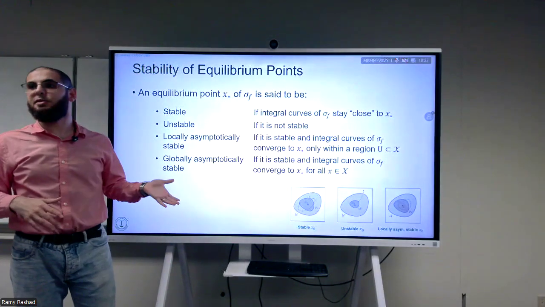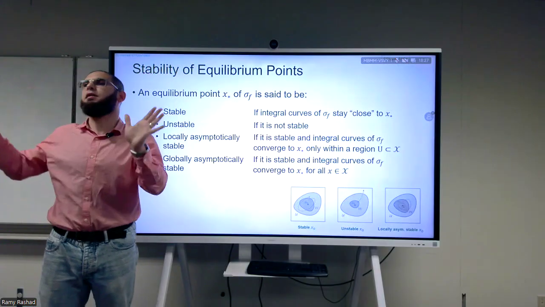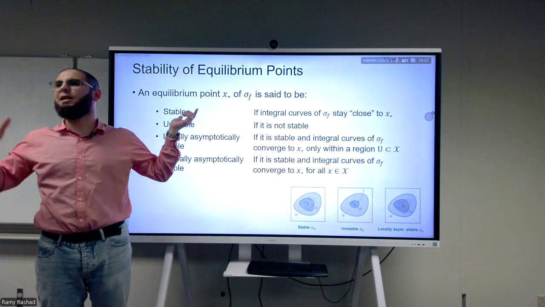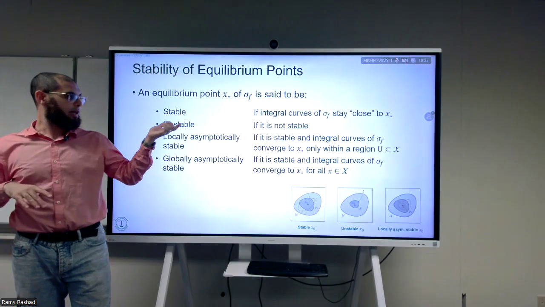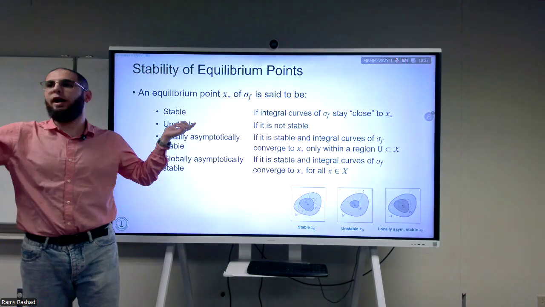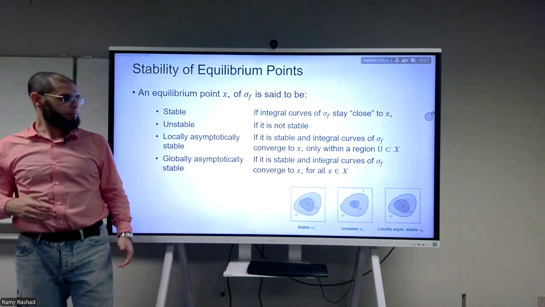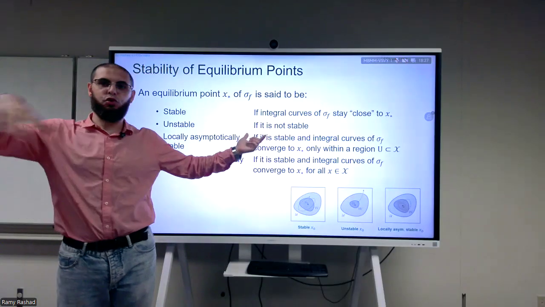And then I have different types of stability now. So this is stable, but only stable without anything. It's just stable, period. And sometimes people call this stable in the sense of Lyapunov. And this is unstable. Now there are better ways of being stable. One of them is called locally asymptotically stable. In this case, first of all, it has to be stable, so you're not allowed to diverge.